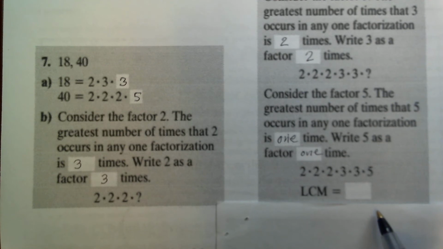And so therefore the LCM is equal to, I guess it would be 8 times 45, which would be 360. Okay, so again, the prime factorization makes it a lot easier to find the LCM.